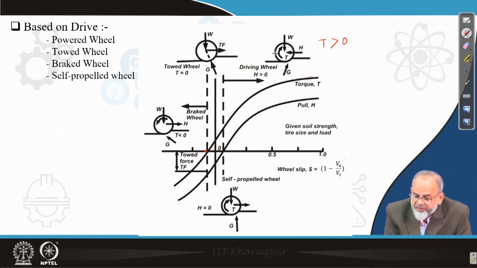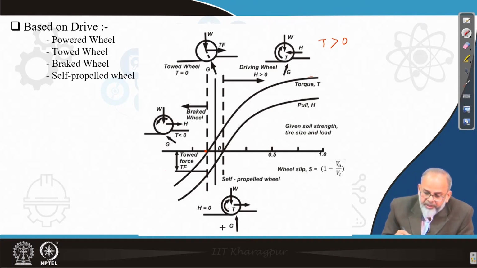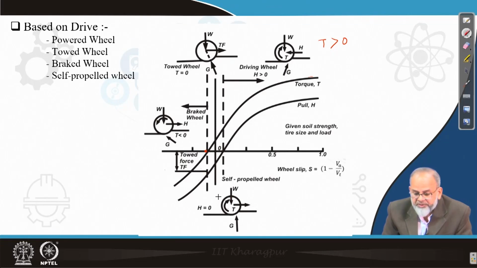Because of the torque application, there will be interaction of this wheel with soil, and the force which is developed, that is tractive force, will take care of this pull H and the rolling resistance. So if you look at these four wheels, what forces are acting on them, and how the ground reaction is orienting towards the left side or the right side, is very clear from this figure.